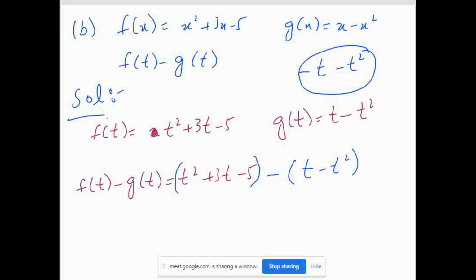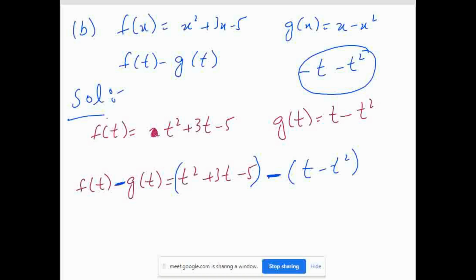Okay, so if there is a positive sign, then it will not affect the answer. But when you have the negative sign outside, it means that you have to use the brackets by yourself, because as we can see here, before g of t there is a negative sign. It means that it will change the sign of each term.